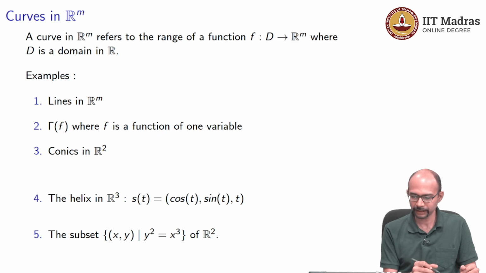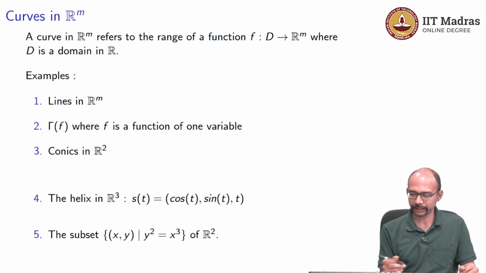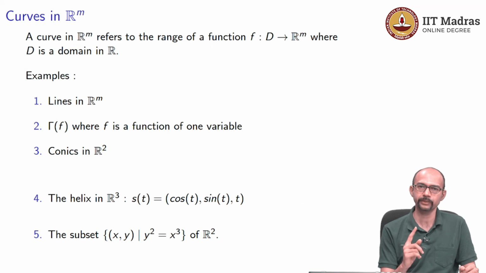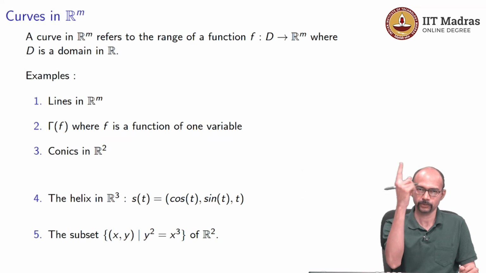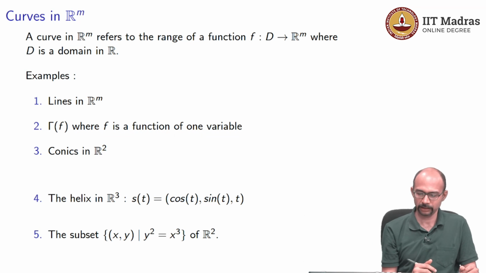And then here are two more examples. This is one of my favorite examples, the helix in R3. So, that is cosine t comma sin t comma t. So, this is a parametric equation. So, as t varies, this vector cosine t, sin t, t varies, and how does it vary? It varies like this. So, this is the helix, and as you may have heard, the helix is used in various branches of science, including biology.